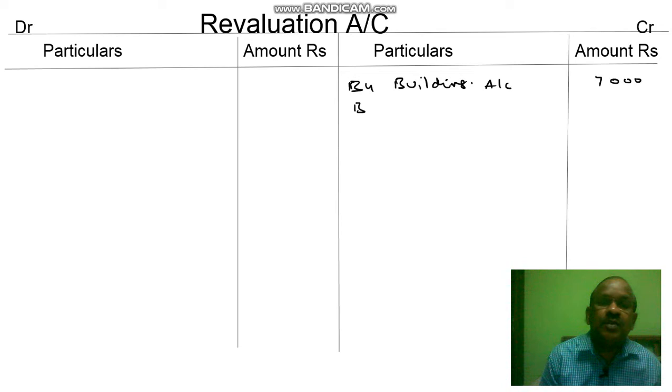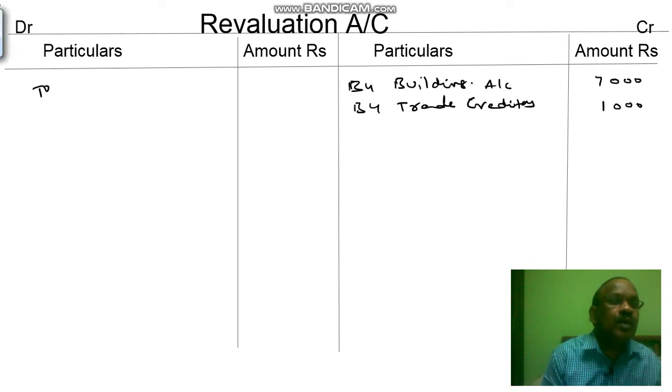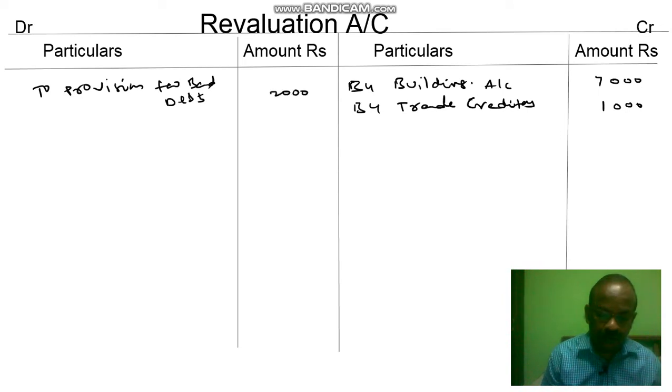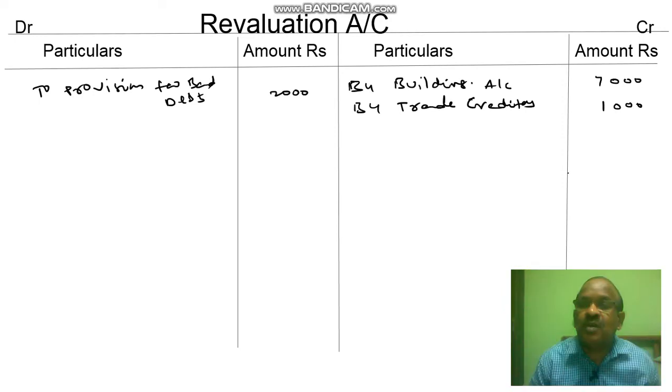Next, trade creditors is decreased by 1,000. Next is provision for bad debts, here it is 2,000. So the difference is 6,000.